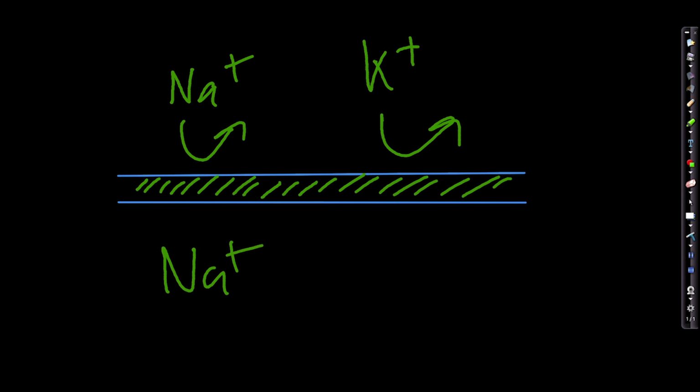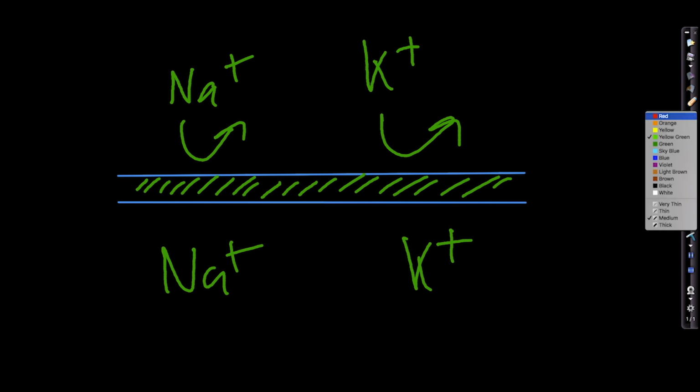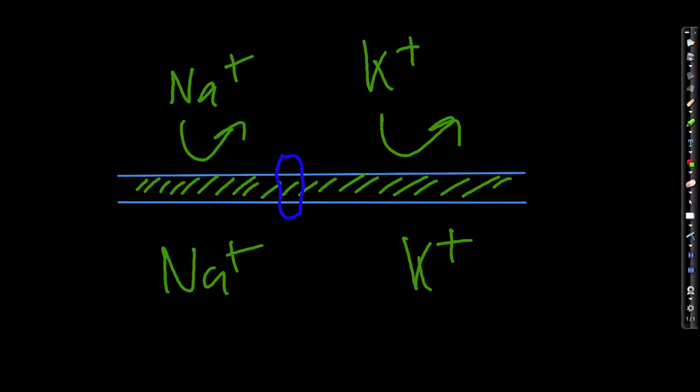I have some on the inside as well, like this. But a channel is a type of protein. Let's draw a voltage-gated sodium channel first. A sodium channel, if you slice through it, would look like this.